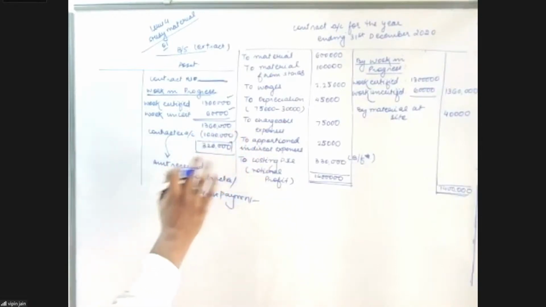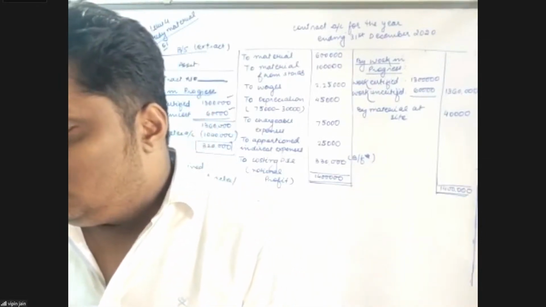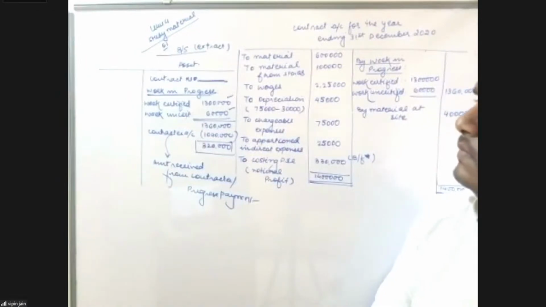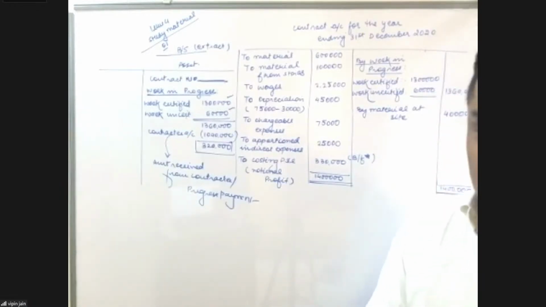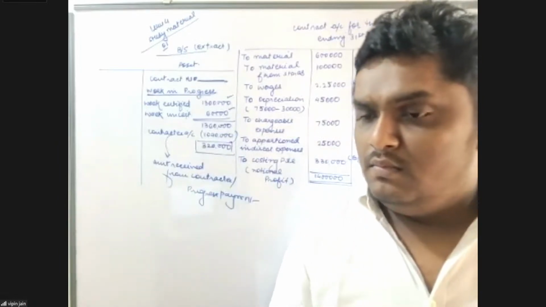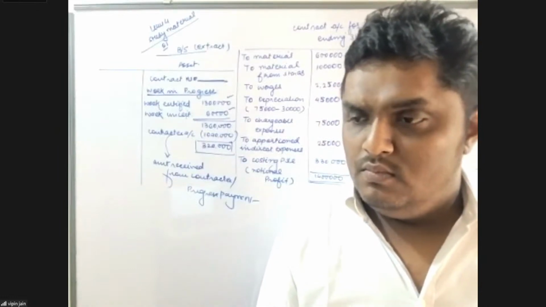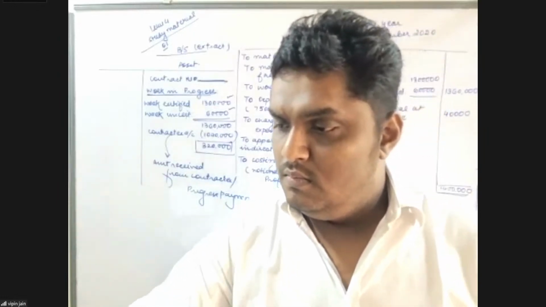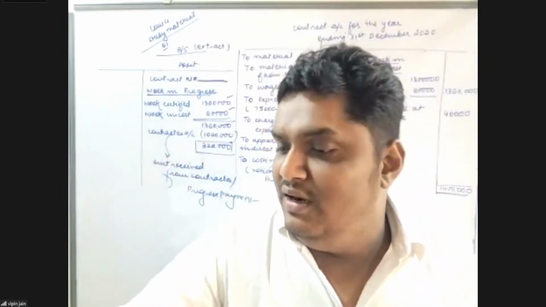The balance amount 3 lakh 20,000 will be shown in the balance sheet. This is the way you have to present, Darshan, nothing else.